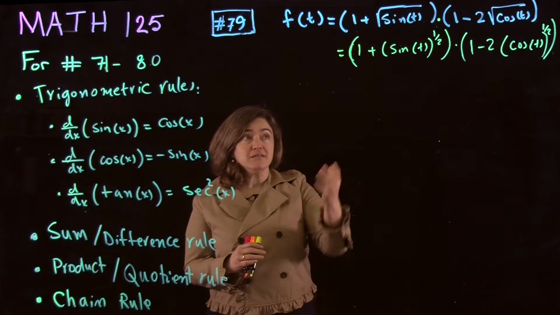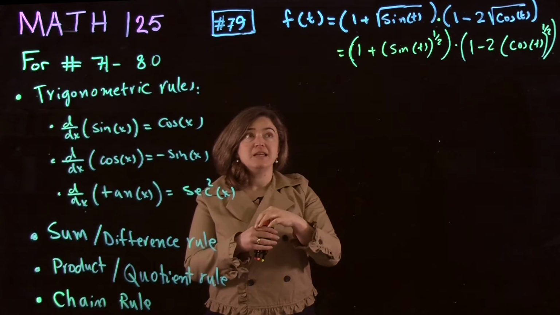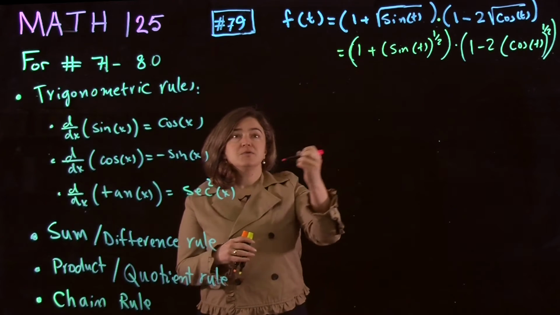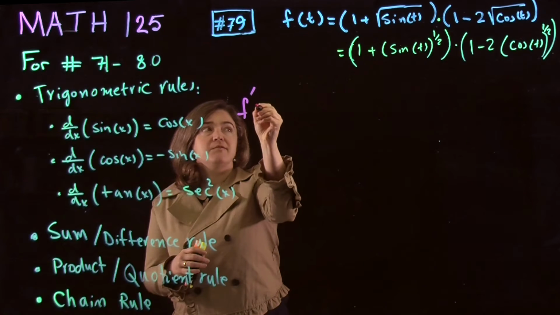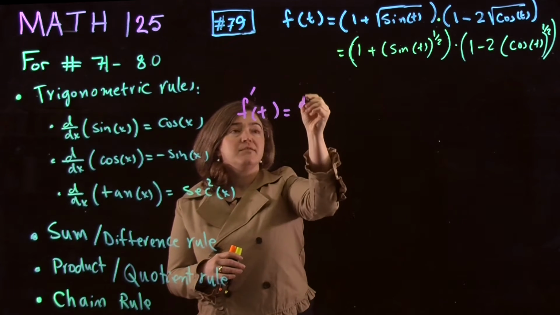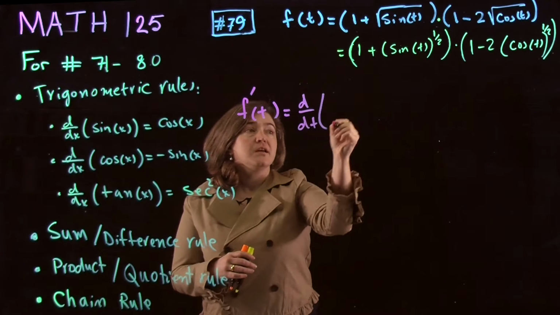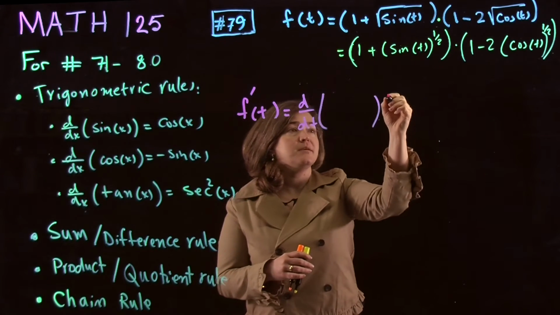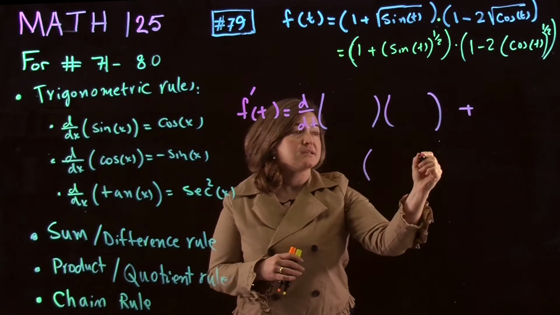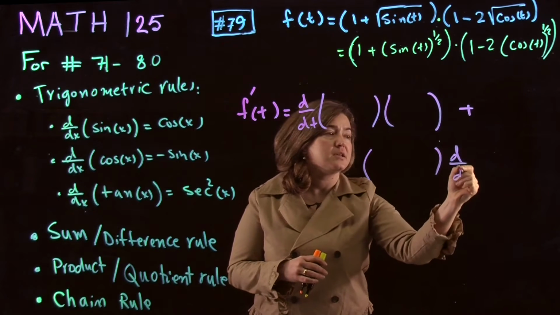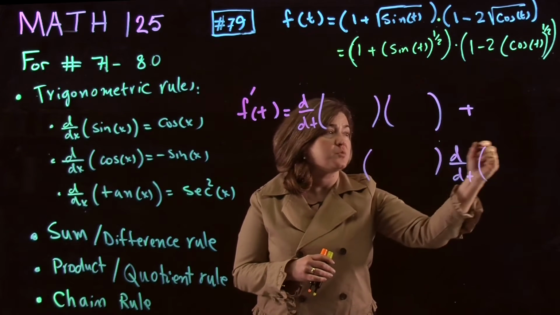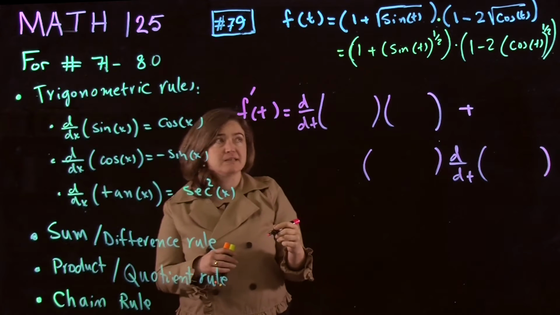Now the next step that I want to take is to take the derivative of the product. So f prime of t equals the derivative of the first one times the second one plus the first one times the derivative of the second one.